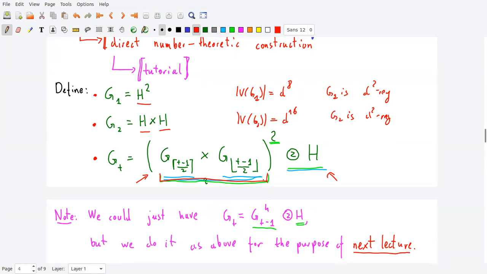So you have a logarithmic depth of this construction instead of linear depth in T. And during the next lecture, we will use the expander constructions to give some algorithm working in logarithmic space. And the fact that we are able to emulate all these constructions in logarithmic space will be essential for the application.